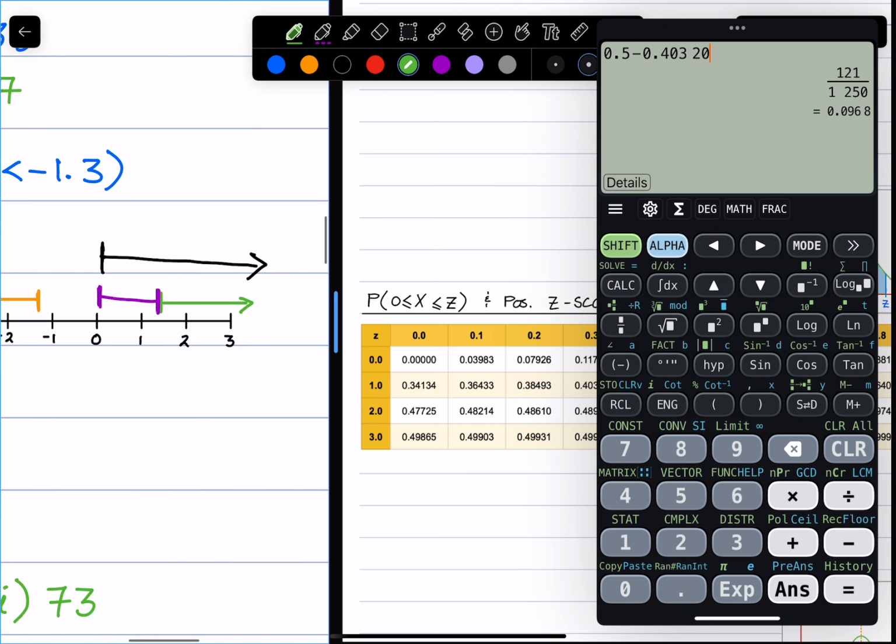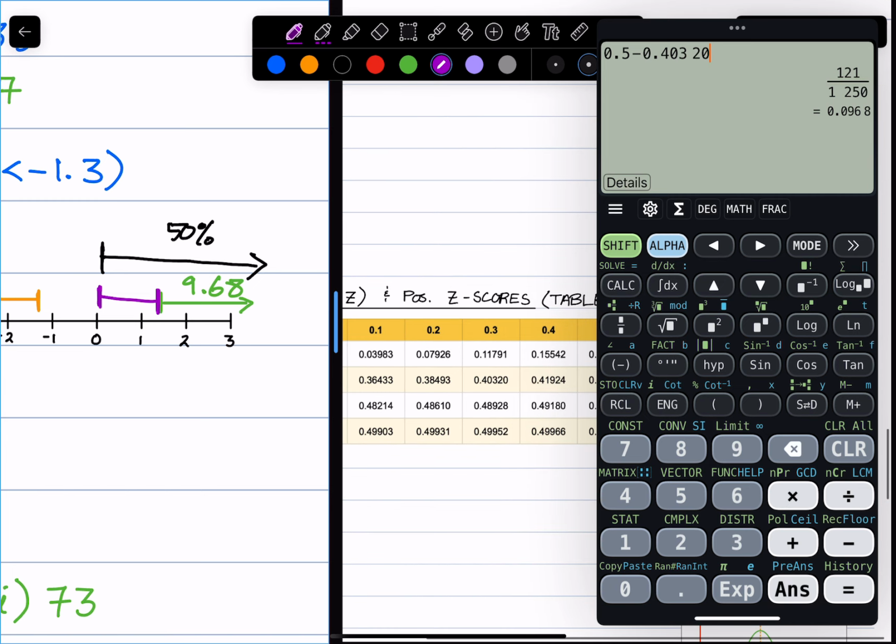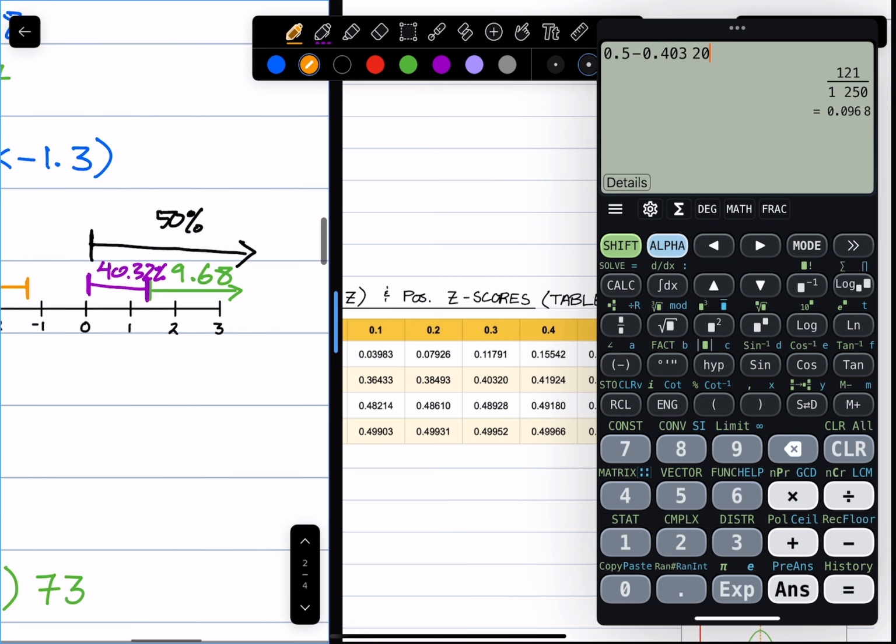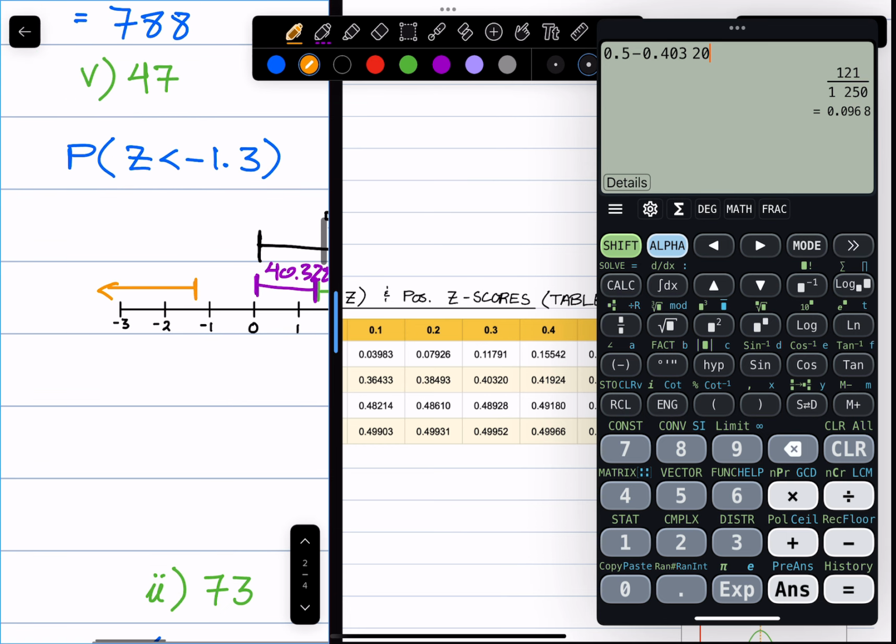So remember what we just did here? That orange bit was 9.68%. And we got that as 50% minus that 40.32%. So that green portion is the same as this one here.